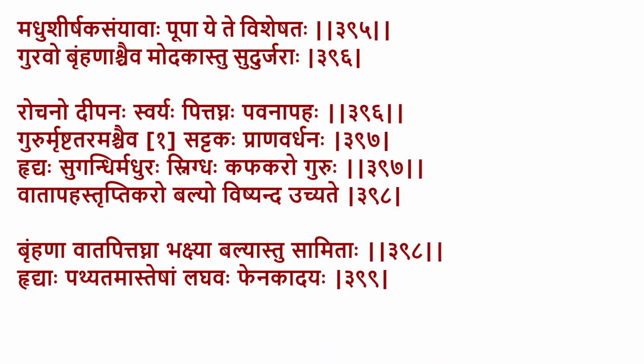Then Brahmanaha, Vatapitagnaha, Bhakshaha, Balyastu Samitaha, Hrudyaha, Paktitamashtesham, Lagavaha, Fenakadeha. Samita and Fenaka are the two varieties of the fried substances. Samita is a very fine preparation, what we call semiya, that kind of dish. Fenaka is again of a similar variety where it is fried, but the shape looks like a bubble or an irregular shape, maybe corn-like.